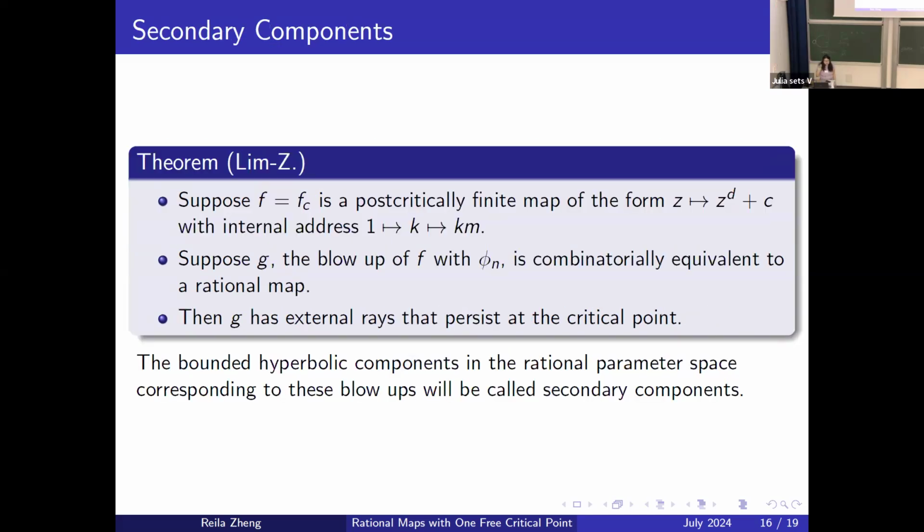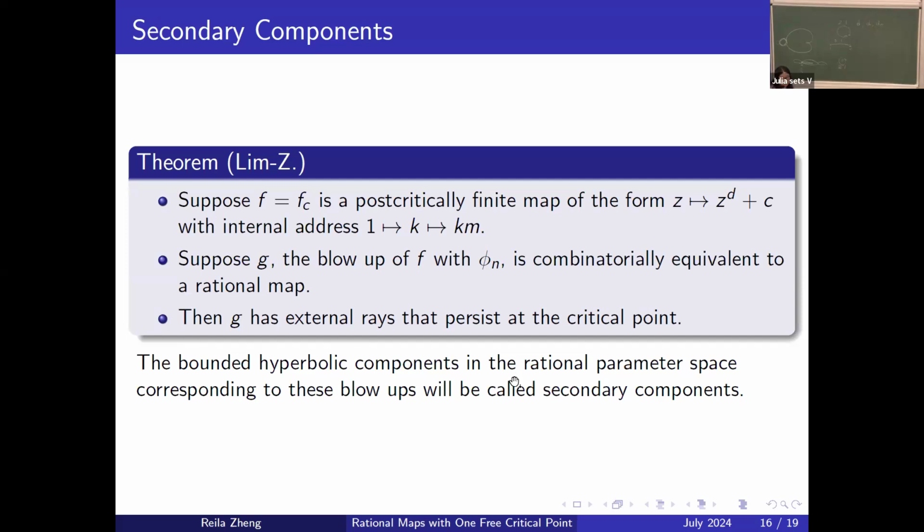And if you do this procedure, you end up getting the hyperbolic components of the form. So if you do this blow up with a unicritical map of the form z to the d plus c, where the internal address is 1 goes to k goes to km, so not something that is an immediate hyperbolic component of the main cardioid, but something that is an immediate component of that, then if you do this blow up, the external rays at the critical point persist.